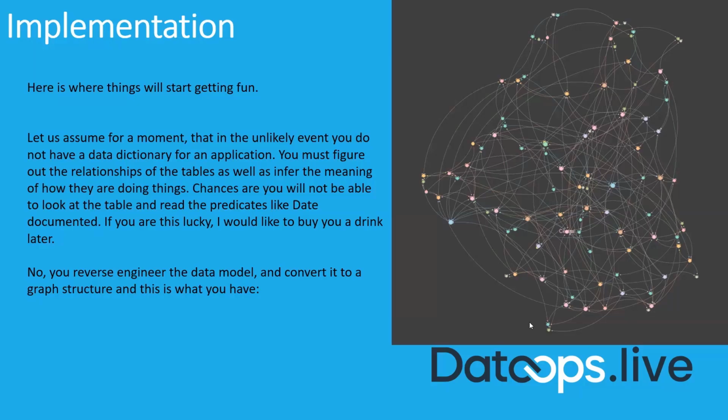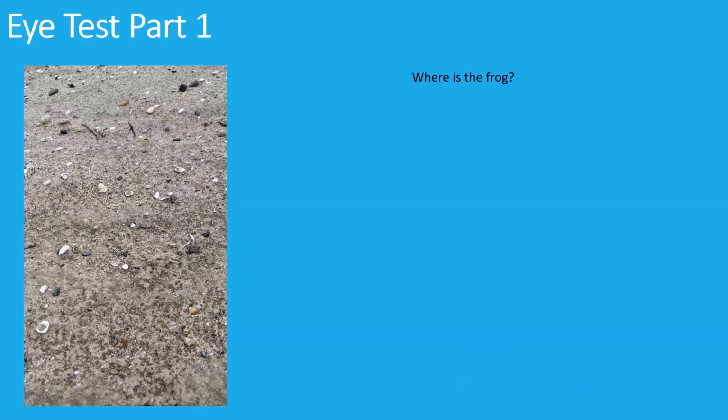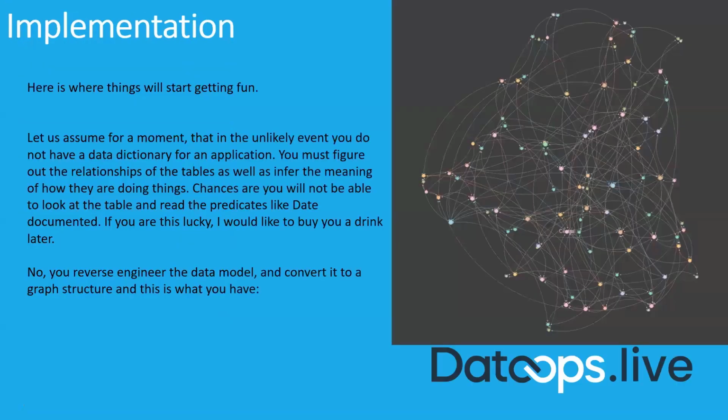So here is one that I put together, and you can see that this little node here is the central node by graph definitions of the entire graph. So this vertex here is going to be one of the most important vertices in the entire graph.